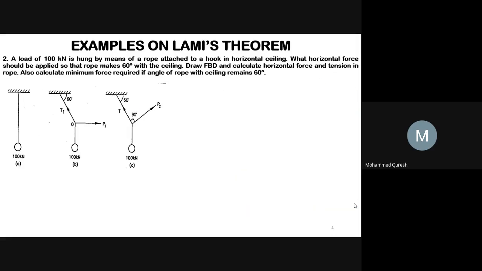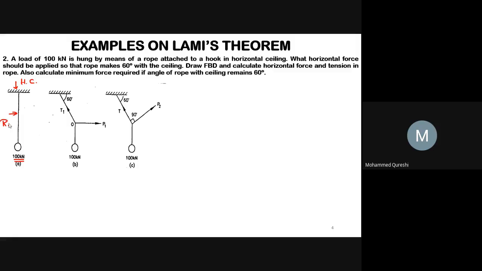Now we will go for the second example. What is given in the second example? A load of 100 kilonewton is hung by means of a rope attached to a hook in a horizontal ceiling. So this is your horizontal ceiling, and in the horizontal ceiling, a load of 100 kilonewton is hung by means of a rope.